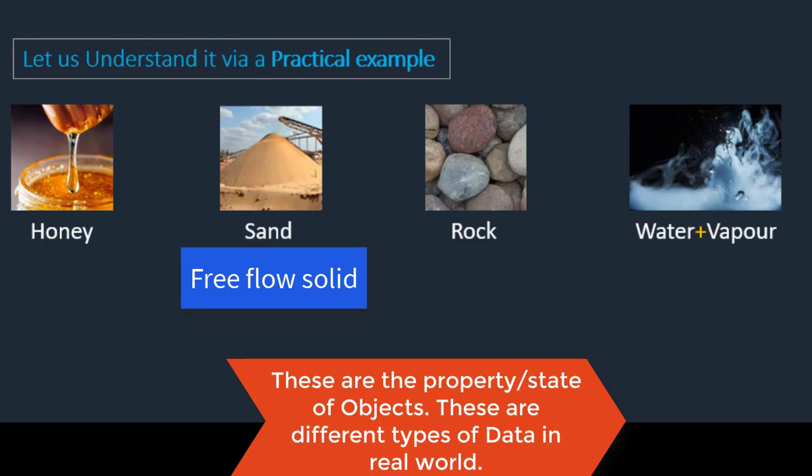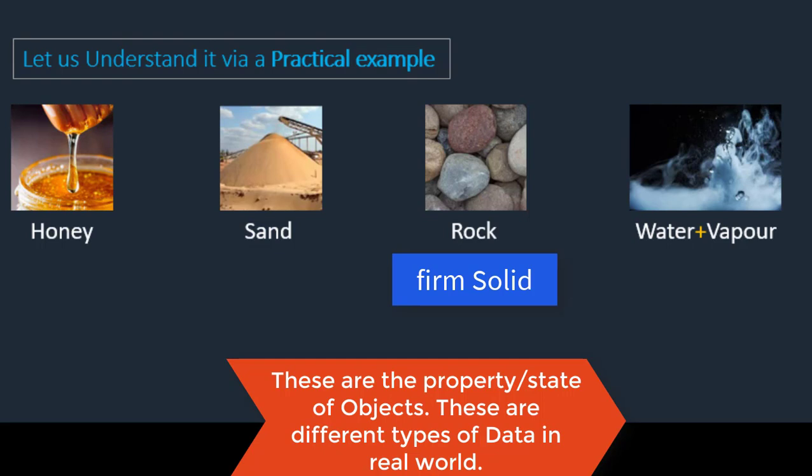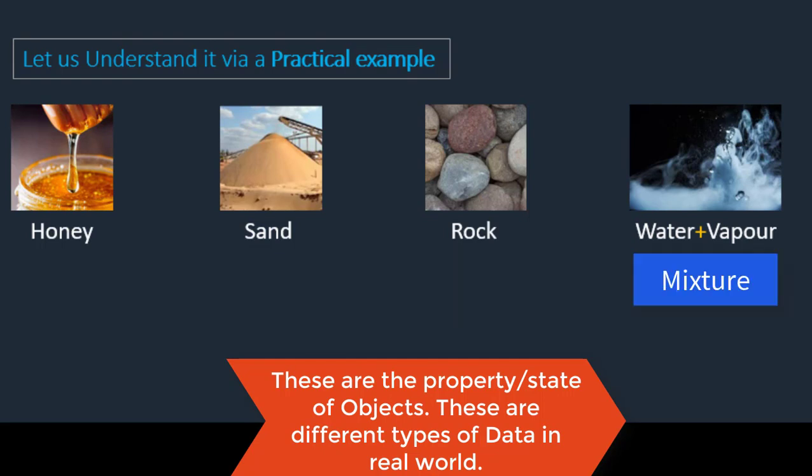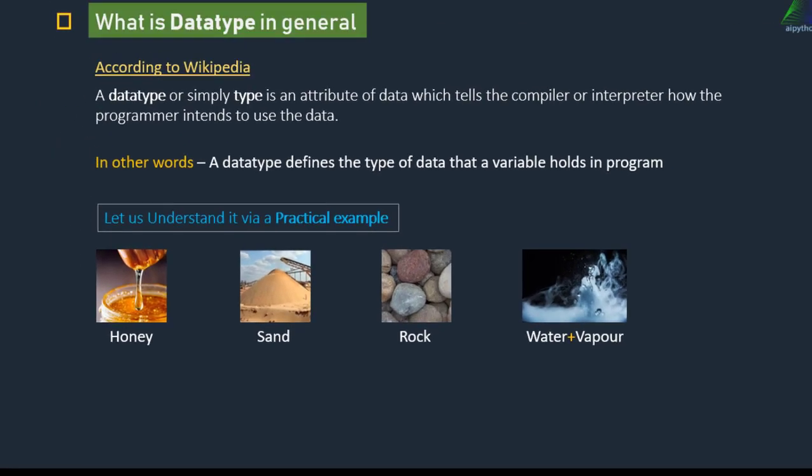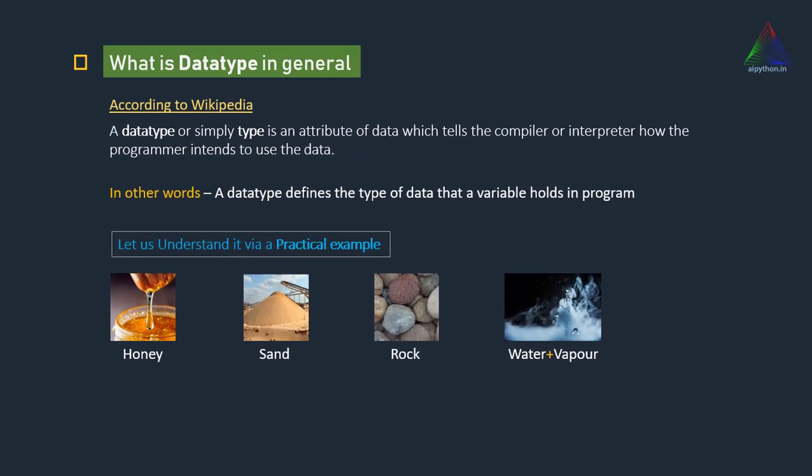It's a free flow solid, and then rock is a hardcore solid. Water plus vapor is a mixture of both, so it is in the gaseous stage as well as in the liquid stage. So they hold different properties. So is the case with data types. Similarly, all the variables that are defined and used in Python are associated with some kind of data type. So I believe you got some information about the data type from these examples.